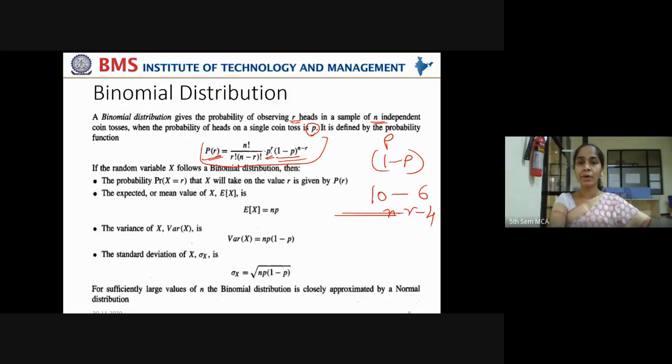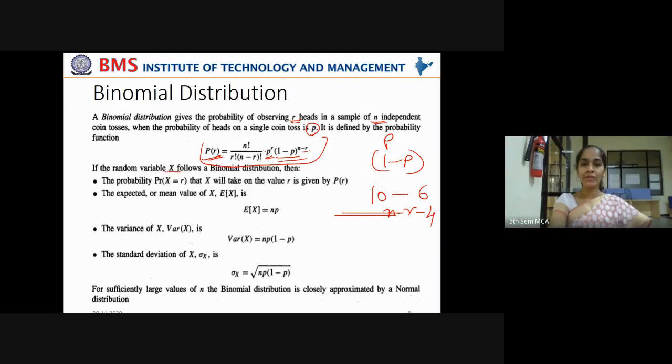R. So it is P power R multiplied by 1 minus P, to the power of n minus R, the number of times tails are observed. This probability is raised to the power of the number of times tails are observed. Okay, this is how you write the binomial distribution formula.